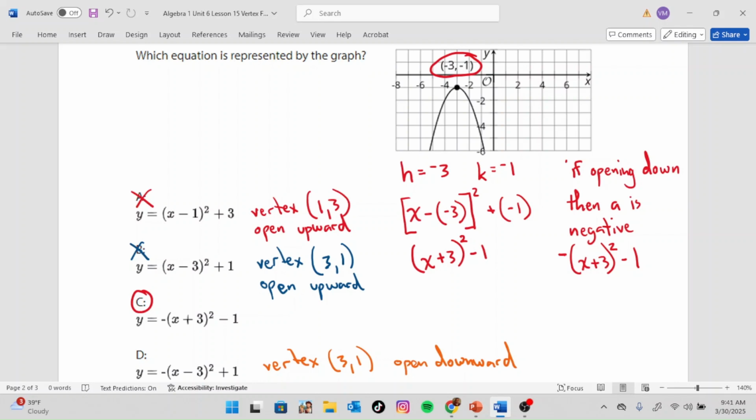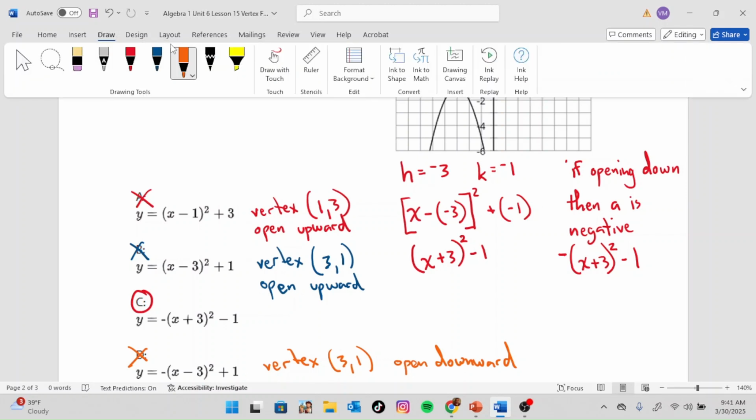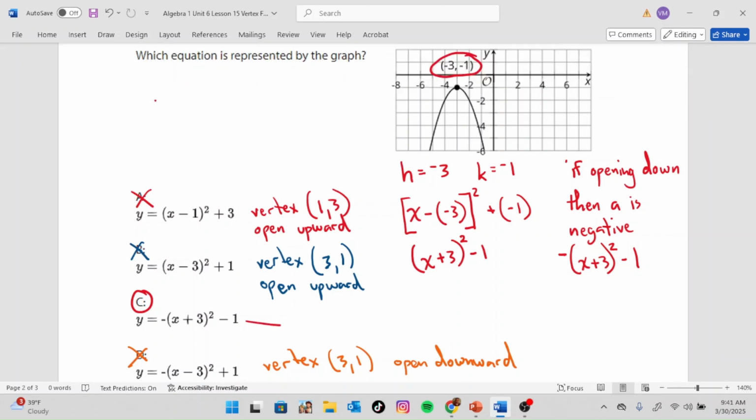But it would be wrong because the vertex is in the wrong spot. C is the only one that correctly matches our vertex and the fact that it opens downward.